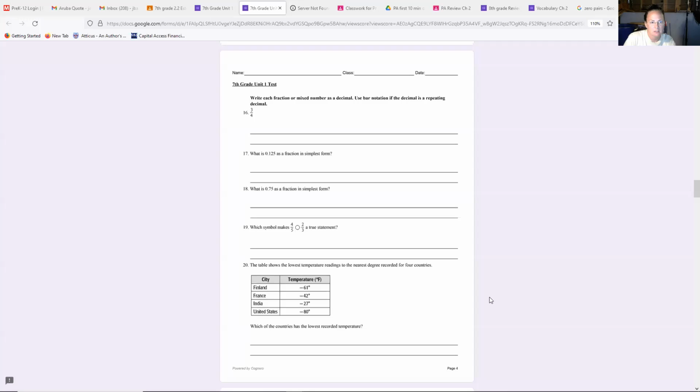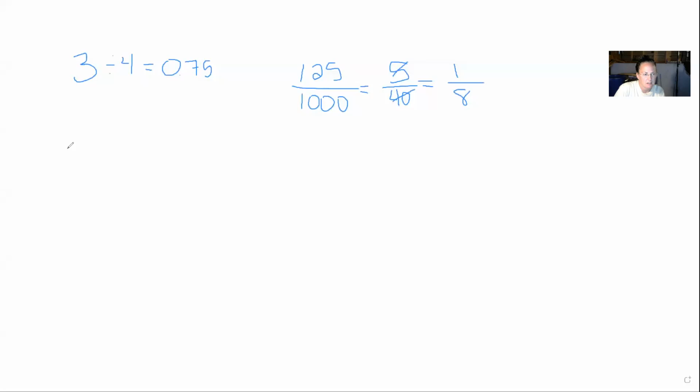Coming back over here. What is 75 hundredths as a fraction in simplest form? So we're doing the same thing here. We're taking 0.75. 75 goes on top. It's hundredths place.